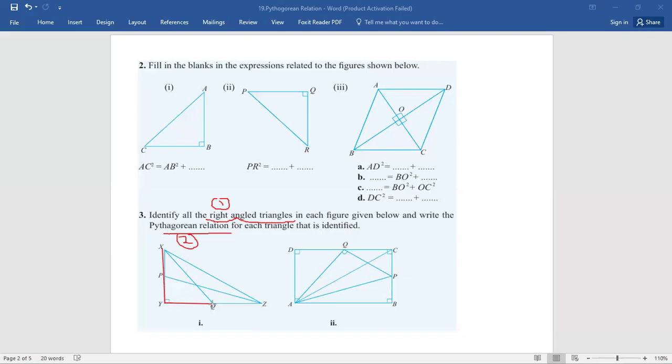This is my first right angle triangle. That means X, Y, and Q. XQ is the hypotenuse.